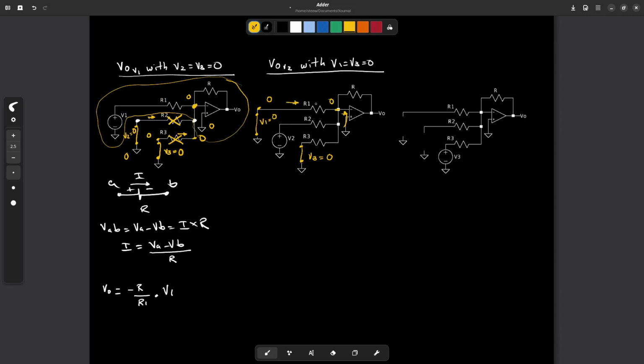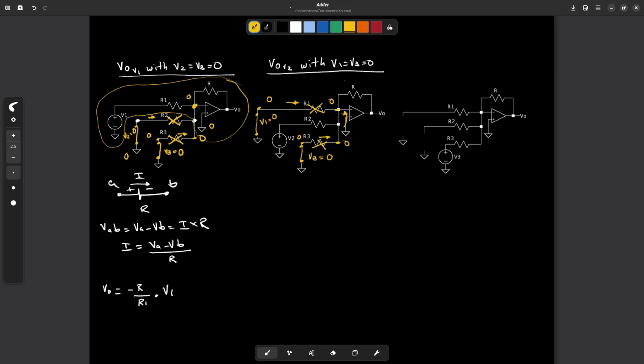No current flowing through this resistor R1, so I can take it out. And the same happens with R3. This terminal is at 0 voltage. This terminal is at the same voltage. The resulting current through R3 equals 0, so it is as if it didn't exist, so I can take it out.